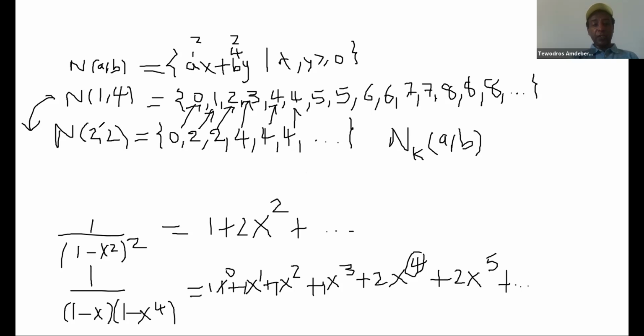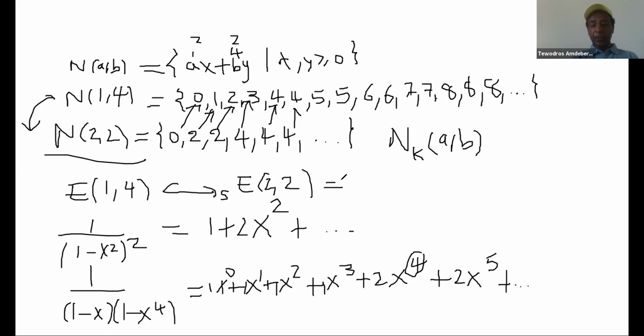Since this is dominating the first one, an ellipsoid of side areas 1 and 4 in 4 dimensions is symplectically embeddable into an ellipsoid of side areas 2, 2, or a ball in 4 dimensions, B, 4, 2. That's the result of McDuff on the previous page. So these are numerical values that can completely characterize embeddings between 2 ellipsoids.